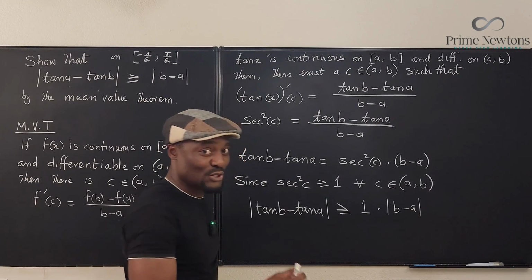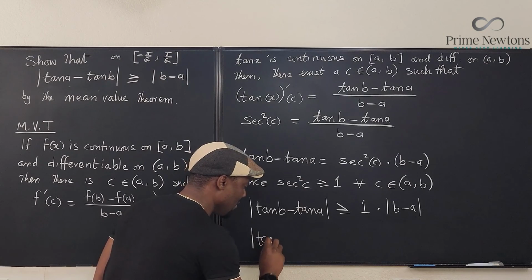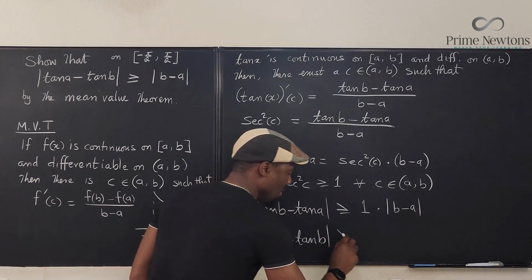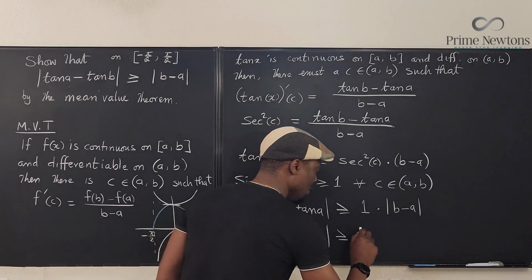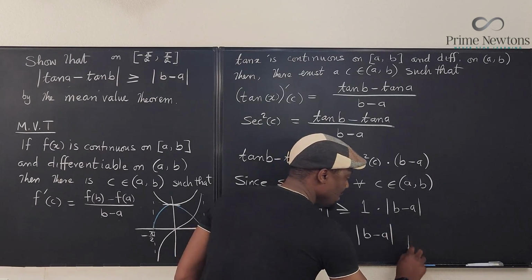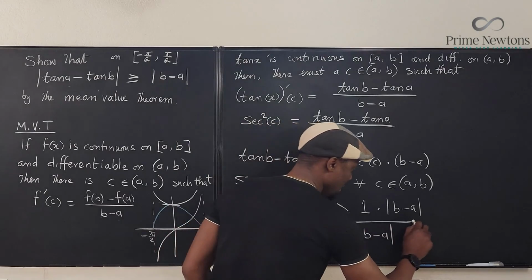So just to make it look like this, I'm going to write this as the absolute value of tan A minus tan B is greater than or equal to the absolute value of B minus A. And we have successfully shown what was required.